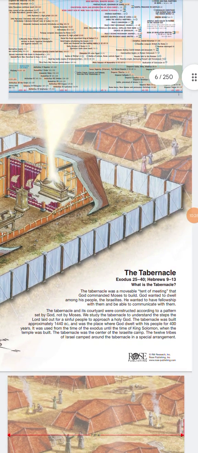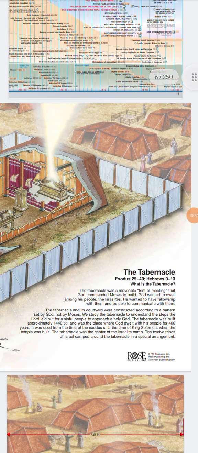Meanwhile, before we got there, the Lord would have us set up the tabernacle wherever we were stationed for a while until it was time for us to leave. So that's why it says the tabernacle was a movable tent.